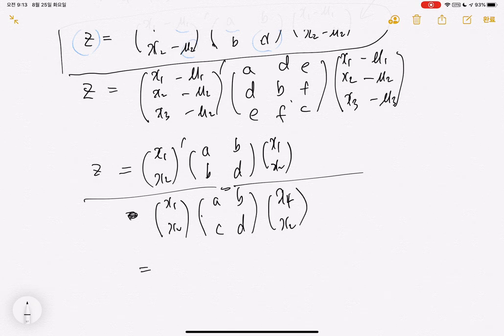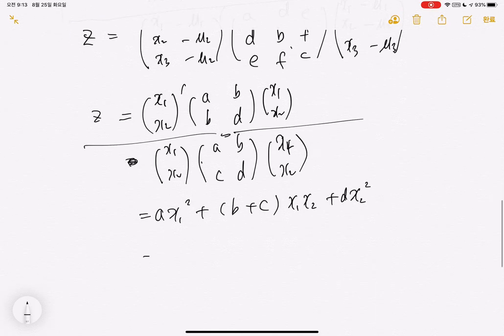This becomes a x1 squared plus b plus c x1 x2 plus d x2 squared.